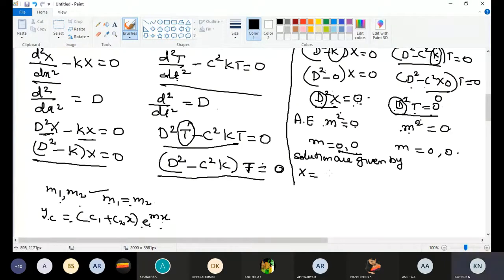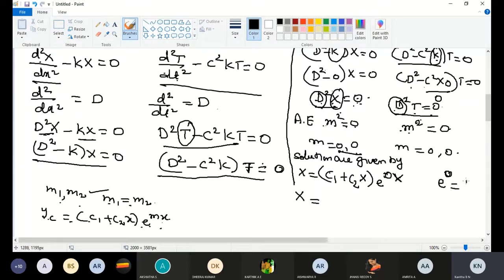Here write c1 plus c2. The variable here is capital X, so you have to write capital X. Then e to the power of 0 capital X. What is the value of e to the power of 0?